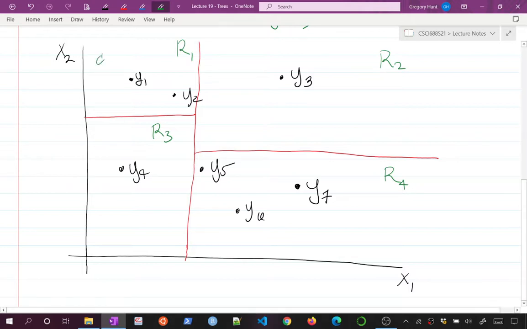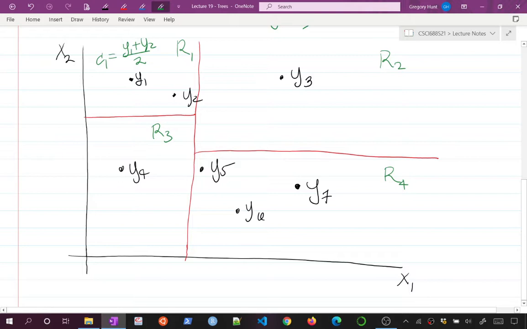So the general idea is, if I observe some x in this rectangle R1, my f hat has to make some prediction, right? And the prediction I'm going to make is just whatever the average of my y's is in that rectangle. So my c1, the value I predict, will just be the average of y1 and y2.